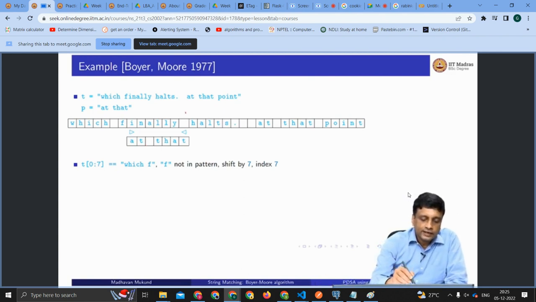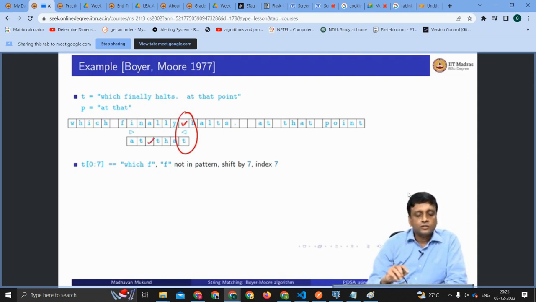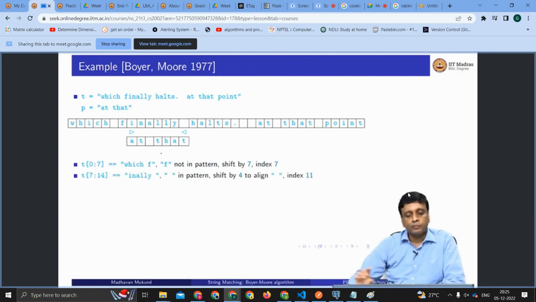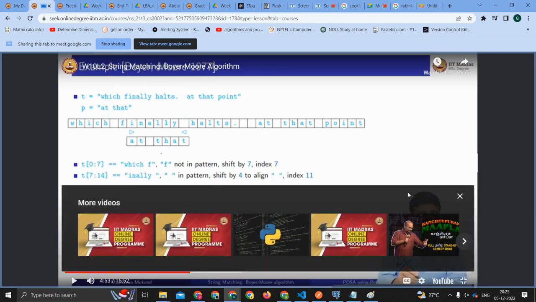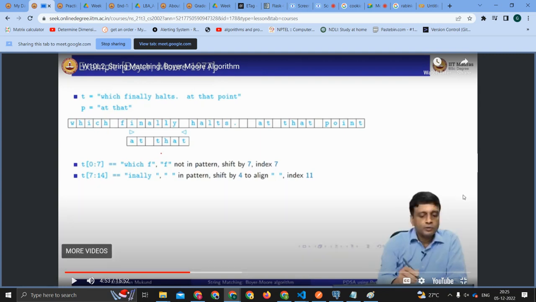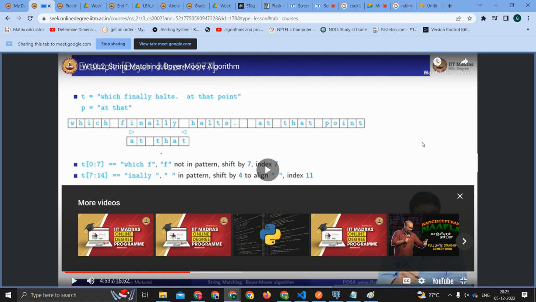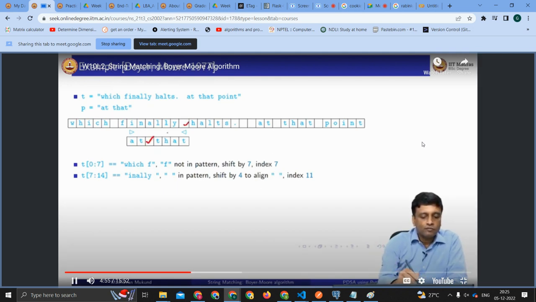Now again I have a mismatch at the rightmost position, but this rightmost position is a space, and the space occurs here. In such a situation, I must shift by the difference between the two positions. I must shift by 4, because between this space and this space there are 4.